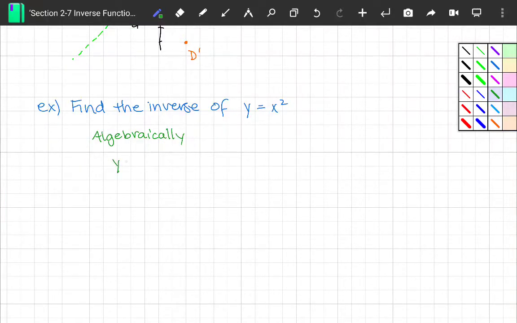So we start with y equals x squared, and we know the inverse: we switch x and y. X equals y squared. And there we go, we've got it. Now, it's going to be tempting to solve for y.